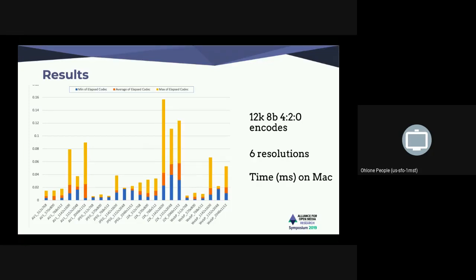So the left side here is AVIF, the middle is JPEG, the middle right is J2K, and the far right is WebP. And the times here are expressed in seconds, so 0.002 would be 20 milliseconds, and the resolutions are increasing.